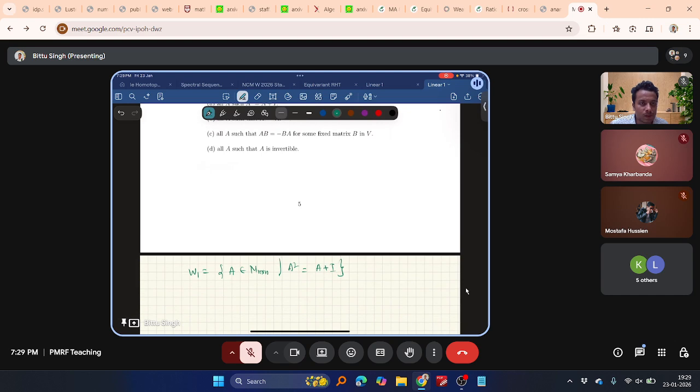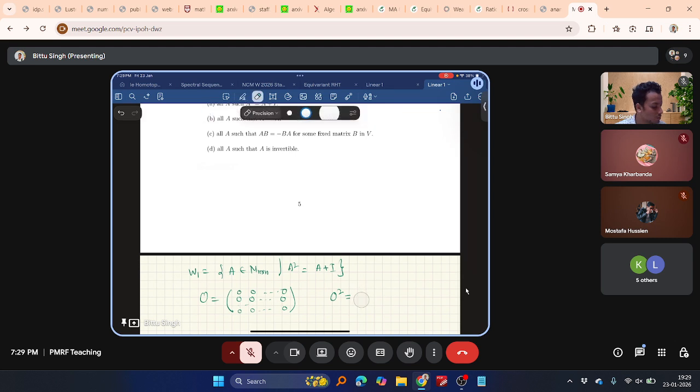Note that if we take the element 0, where all entries are 0, this is the zero element of the vector space. Is it true that 0 square is the same as 0 plus I? 0 square is 0, but 0 plus I gives me the identity.